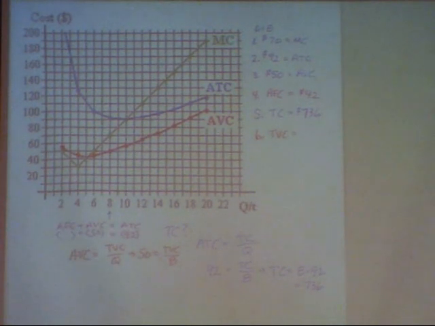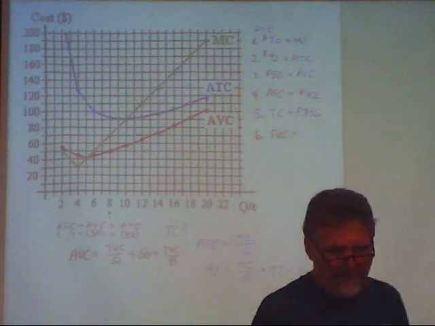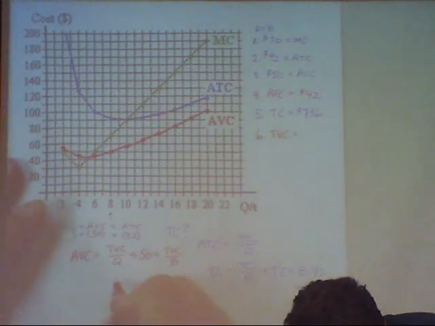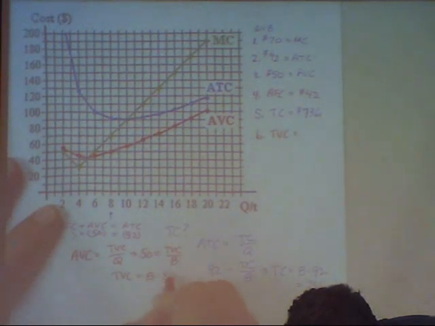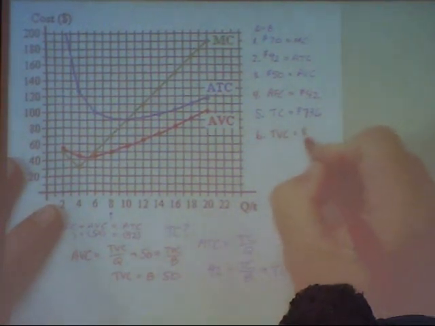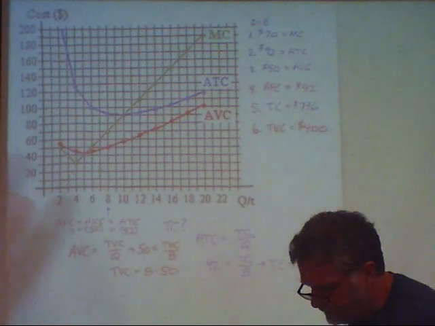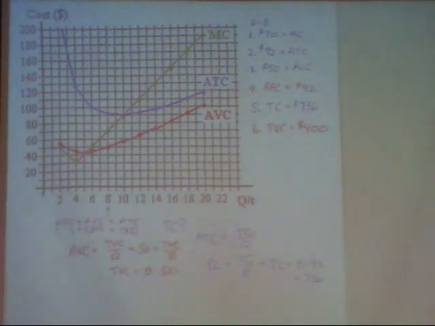So what does total variable cost have to be? It has to be the number that when you divide by 8, you get 50. In other words, the total variable cost has to be 8 times 50, which is $400. So the variable costs add up to $400. And you get that by using the formula for the average variable cost.